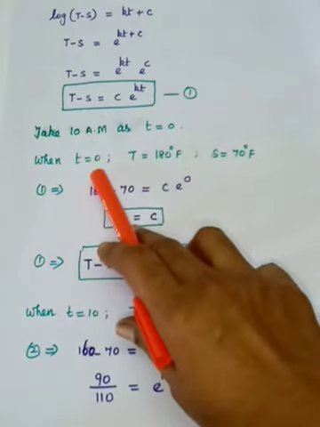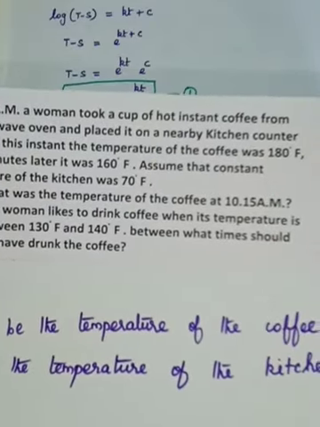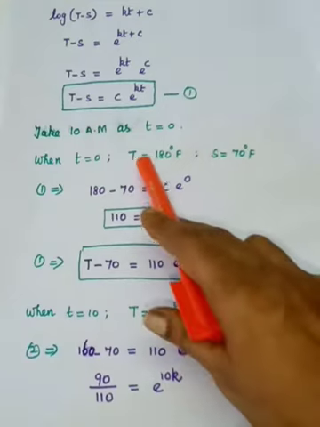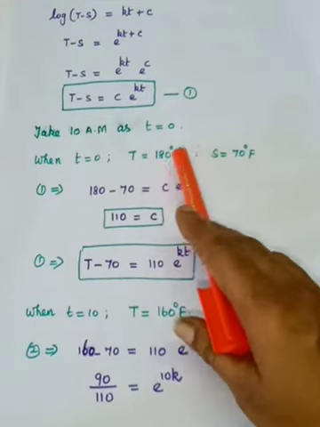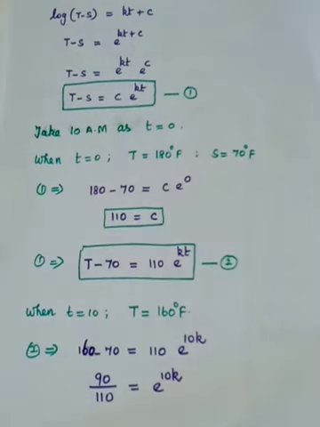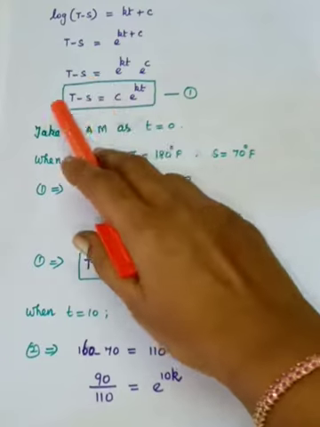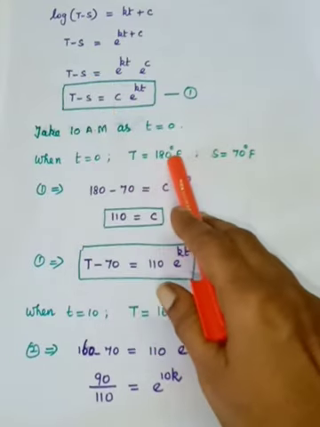So when t is equal to 0, the temperature of the coffee is what? 180 degree Fahrenheit. Capital T is equal to 180 degree and S is equal to 70 degree Fahrenheit, that is the kitchen temperature. So all three have to be substituted in the first equation. What is capital T? 180 degree.